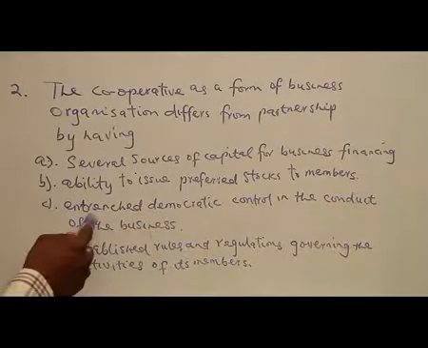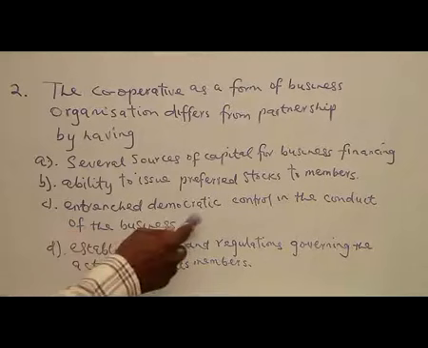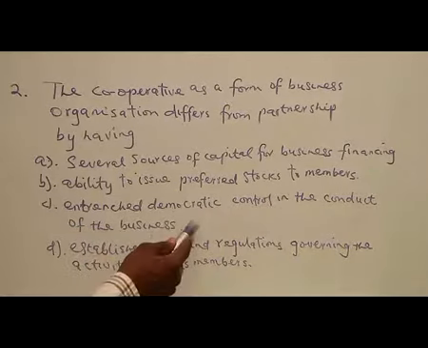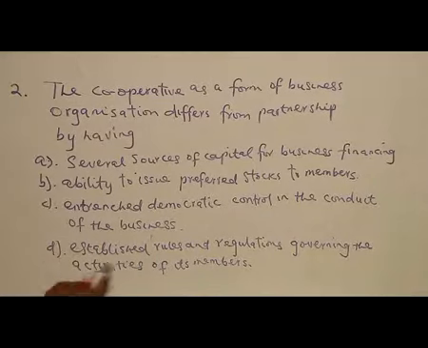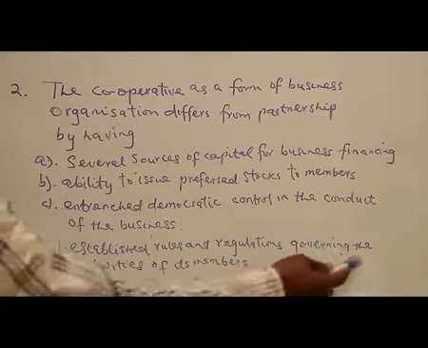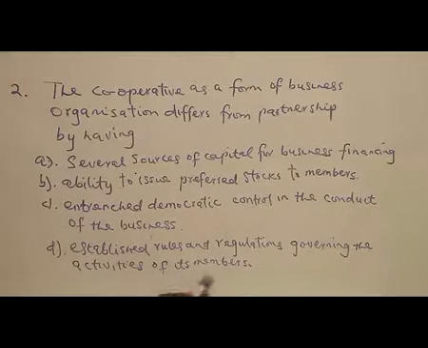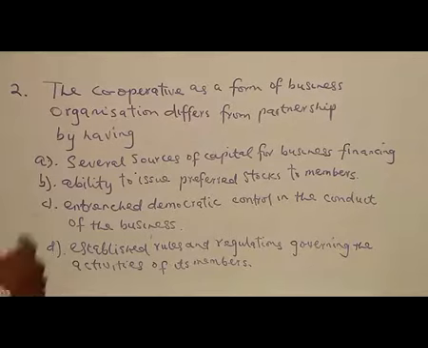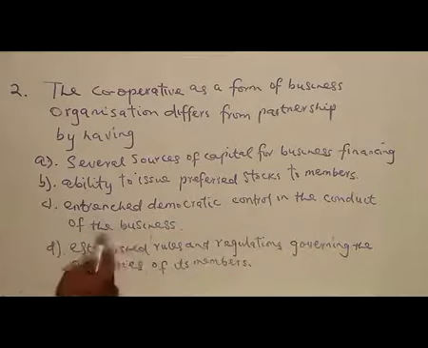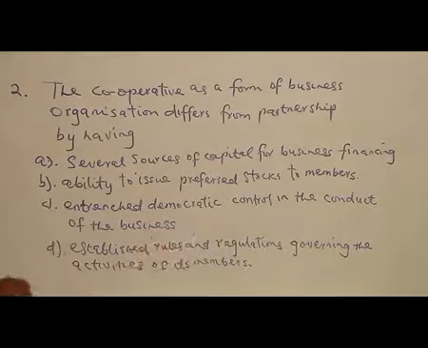C, entrenched democratic control in the conduct of the business. D, established rules and regulations governing the activity of its members. The right answer is C, entrenched democratic control in the conduct of the business.